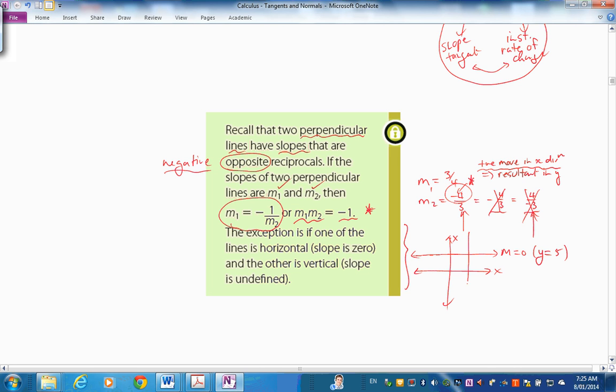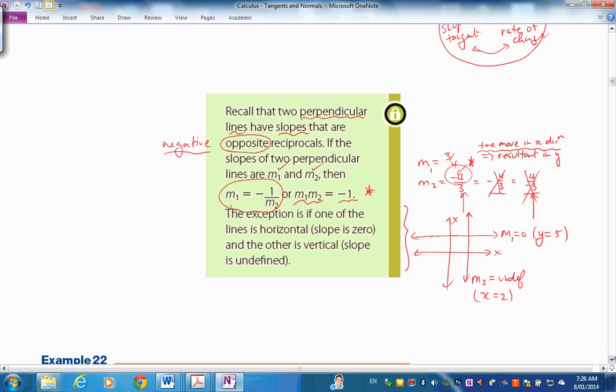So the perpendicular line here, m2, would have slope undefined, and its equation would be something like x equals 2 or something like that. x equals a constant. A bit of revision of the old coordinate geometry there. Alright, let's go down and have a look.